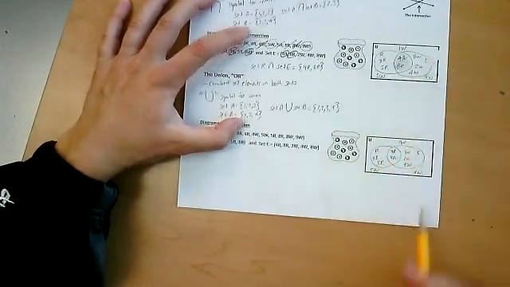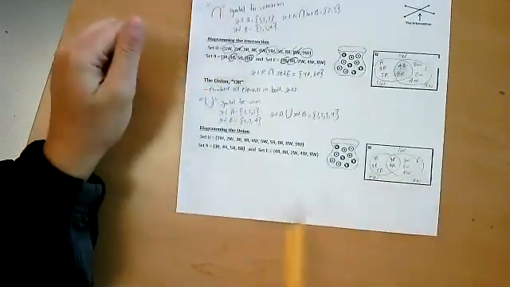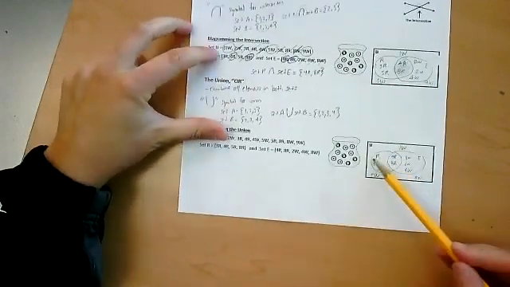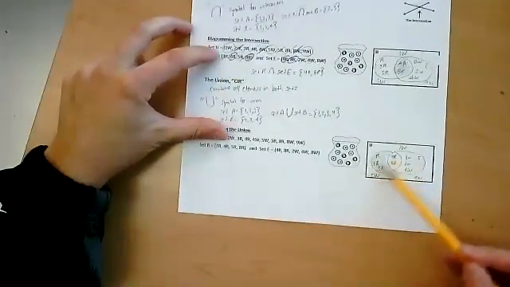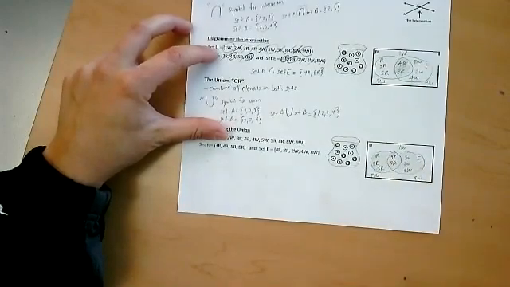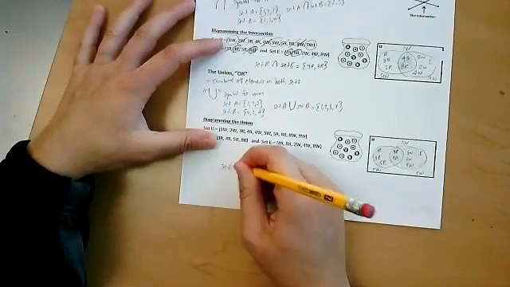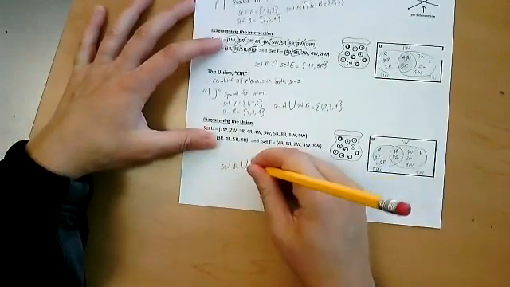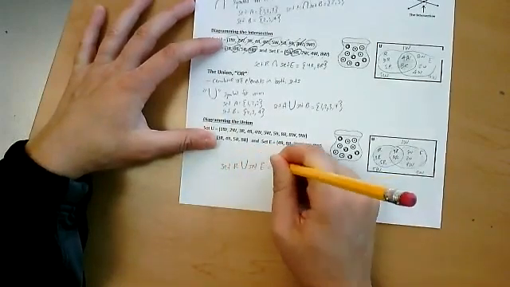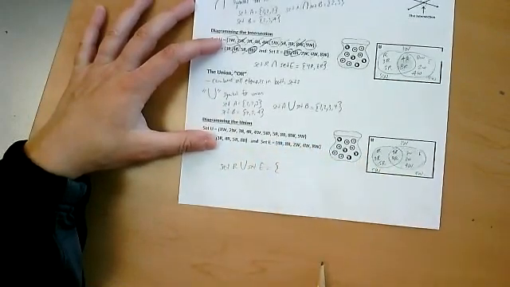So it's just me recopying my diagram. But now it's saying, if I wanted to account for all the elements between both sets, that would literally be everything inside both of those overlapping diagrams. So how I would list that, if I were to say set R union with set E, is I'm going to list out all of those elements between the 2 sets that I have shaded in my Venn diagram.